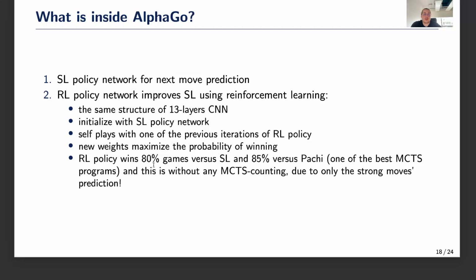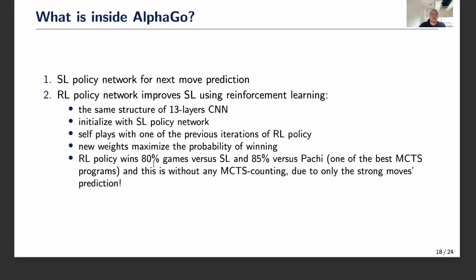We can talk about the learning procedure of this network. AlphaGo plays games against itself using the current version of the RL policy network. After each game, it adjusts the network weights to increase the probability of winning moves. This is called policy gradient reinforcement learning, using Monte Carlo returns as a reward signal.